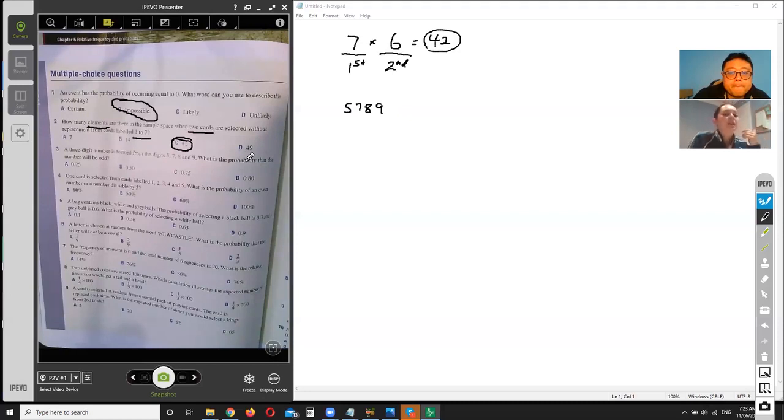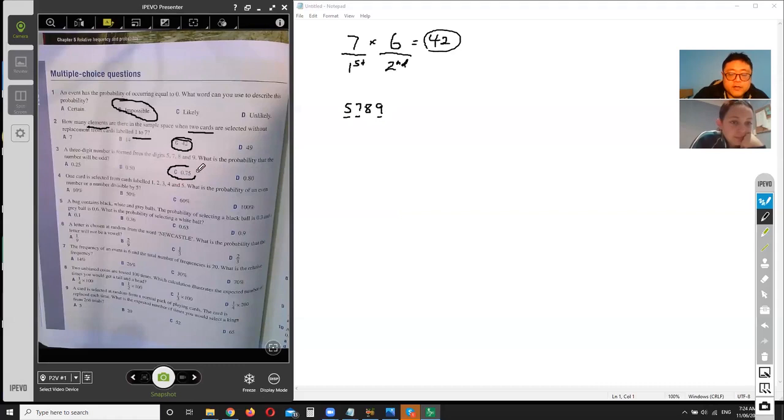Well, there's 3 odds out of 4. Okay, and then that into a decimal.